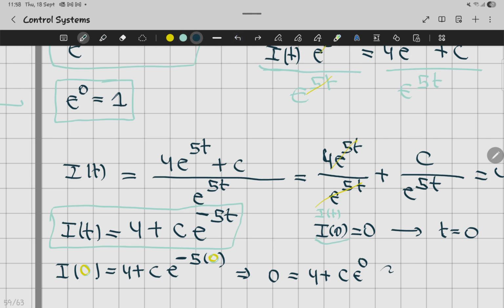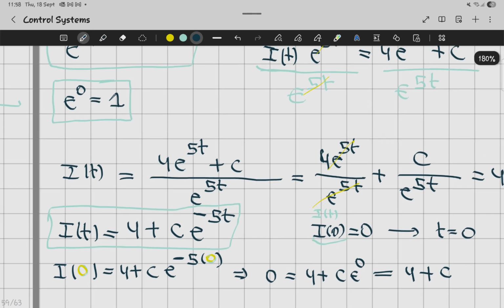Now we're going to have 4 plus c. Okay, so 4 plus c equal to 0, meaning c equal to negative 4 if I solve for c. So this is what we get as the answer for c.